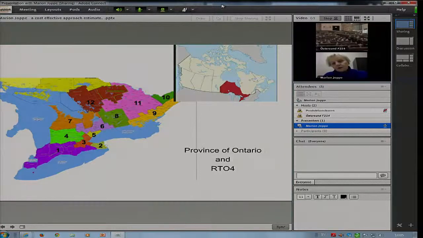The province is so huge that about 5 years ago, as part of its strategic plan, the province decided to create regions, and the region that we are specifically dealing with is number 4 here in green, and it would be that tiny little dot on the map of Ontario.